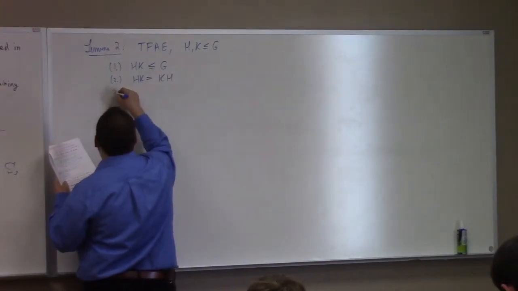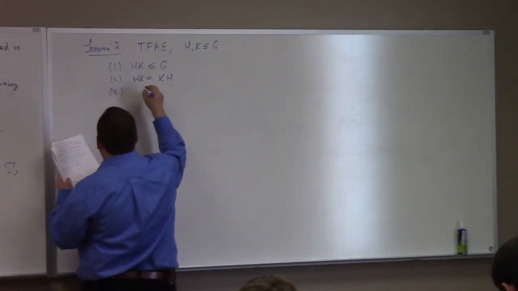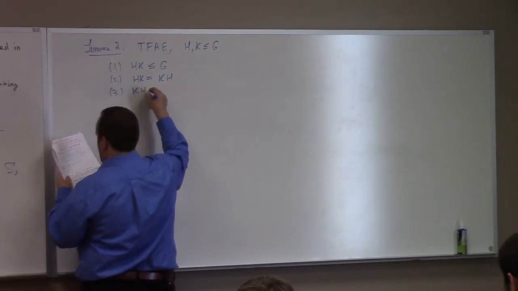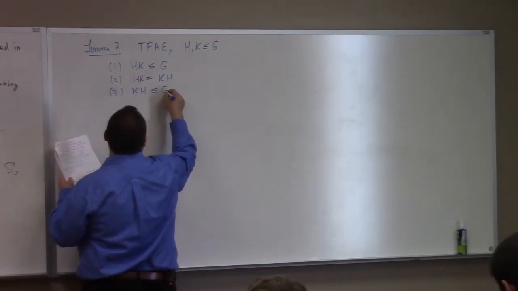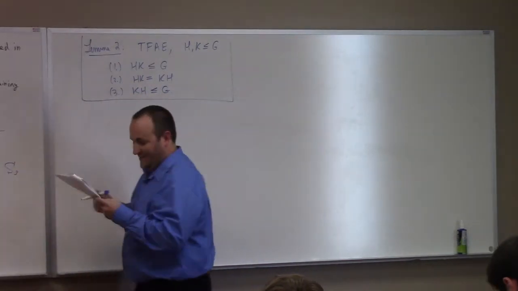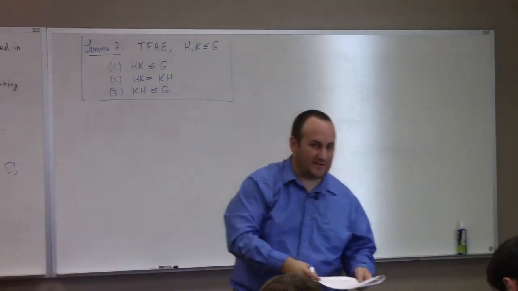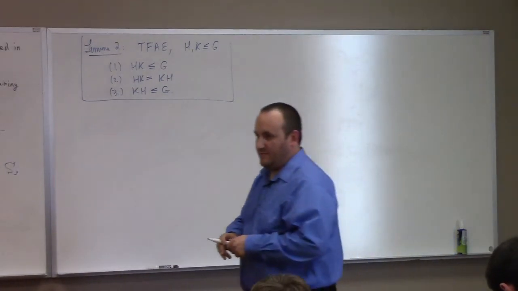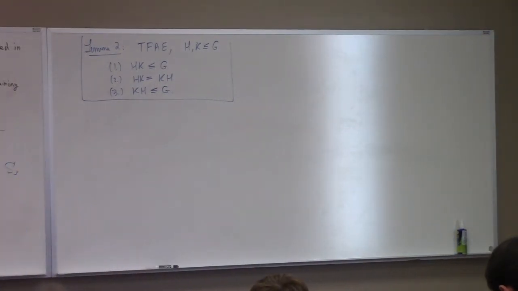And the very dumb, but for some reason pedagogically necessary, 3, KH is a subgroup of G. By symmetry, 3 follows from 1 and 2, right? So we don't really need to prove 3. It's automatic from relabeling. Let's try to prove 1 implies 2.